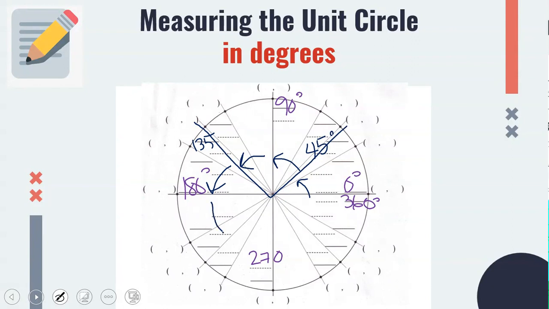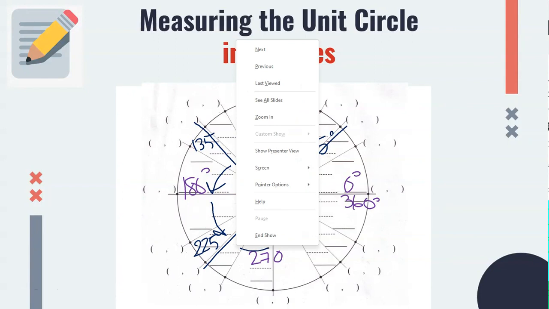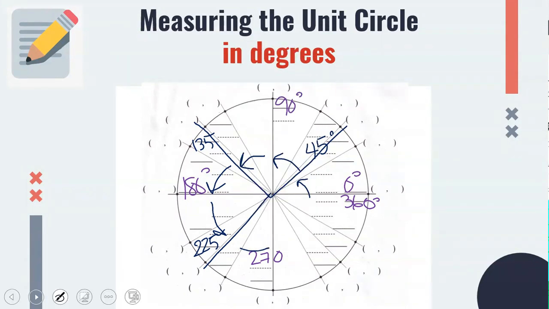What about 180 plus 45 to get us right here at this angle measure? That's going to give us 225 degrees. 225 plus 45 degrees, 270. 270 plus 45 degrees, that's going to give us right here. That's going to give us 315 degrees. And if we do 315 plus 45, that's 360.